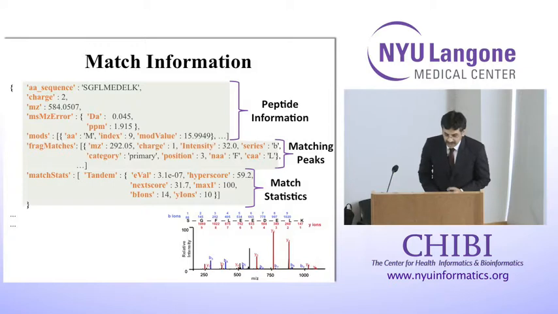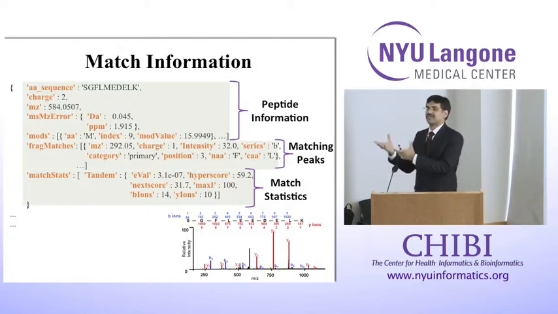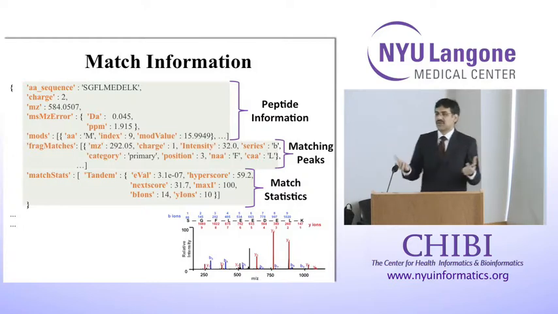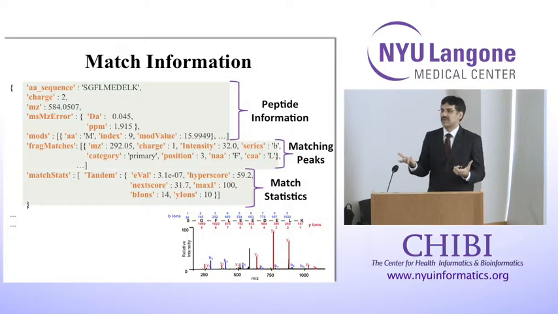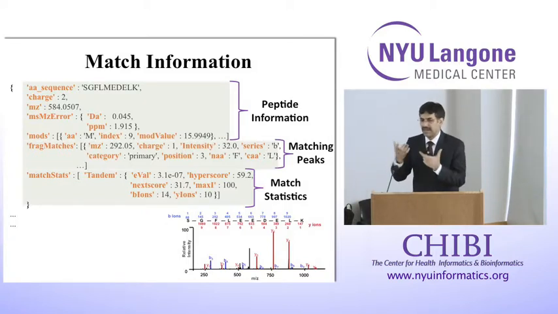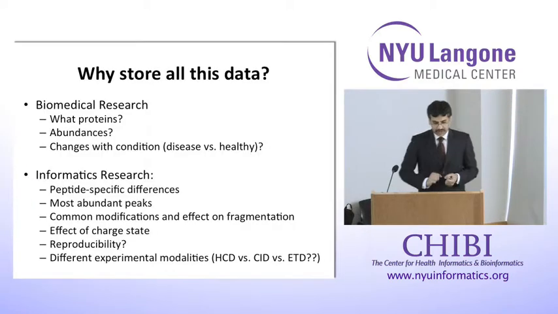And finally, we have some match statistics. So you use some scoring algorithm to evaluate these different candidate peptides. Those algorithms generate scores, expectation values, how confident those algorithms are in identifying the peptide sequence, and so on and so forth. So those are other important pieces of information.